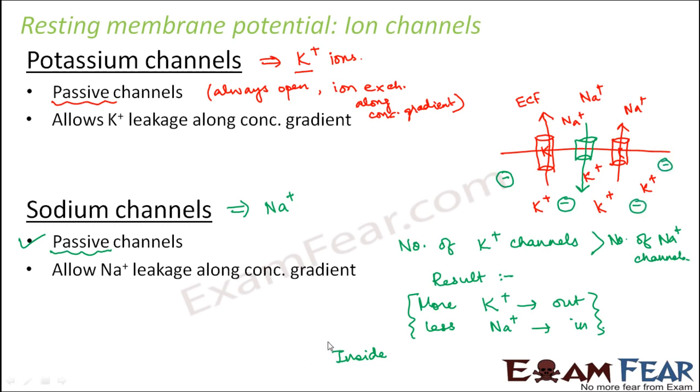So inside we have the negative charges and some sodium ions which are coming in and some potassium ions which are currently going out. And if you look at the outside, what do you have? Outside you have all positive things, the potassium ions which are flowing out and some sodium ions also, right? So overall, inside is negative when compared to the outside as of now.